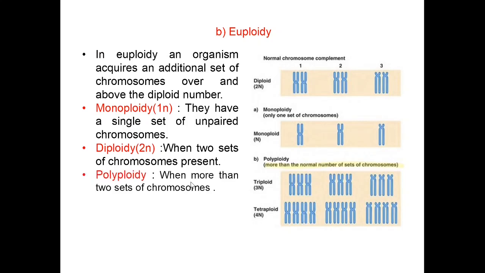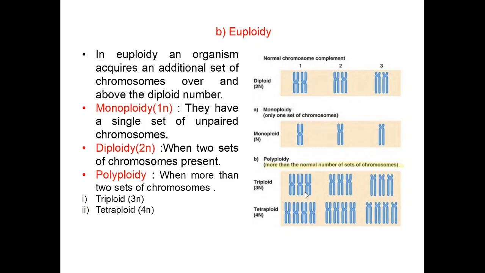Then polyploidy, when more than two sets of chromosomes are present. This is known as the polyploidy condition, and polyploidy is of the following types depending upon the number of additional sets. First are triploids. They have three sets of chromosomes.